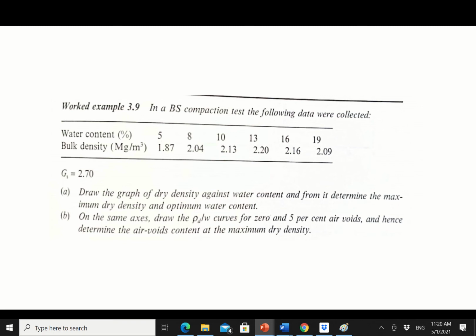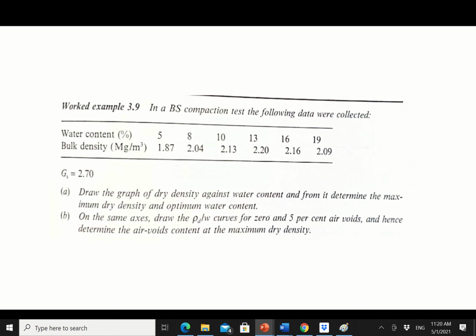Okay, in this scenario, it gives the BS compaction test, with the following data collected. It gives the water content values, about 6 data here, and then it gives you the bulk density values, paired with the water content values, and the question also gives you the value of Gs 2.70.